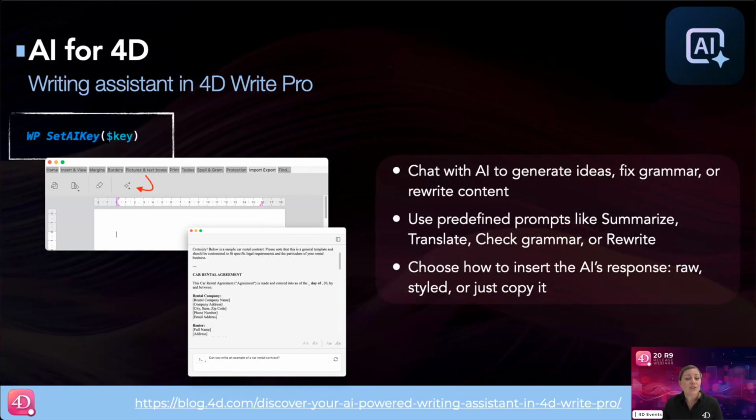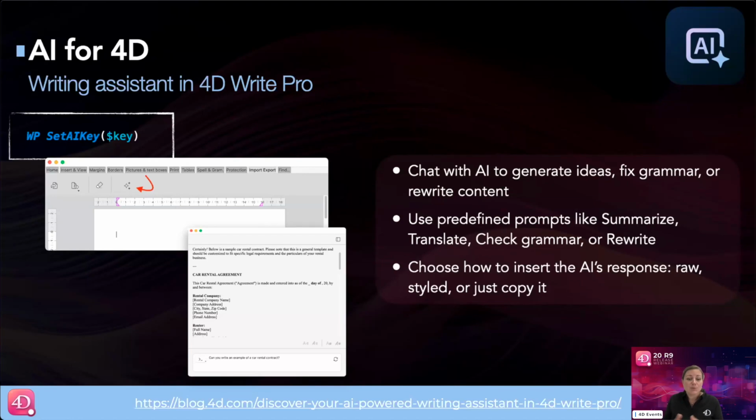But why use it inside 4D instead of switching from 4D to ChatGPT, for example? In fact, everything stays in the same environment, so you don't need to switch between apps anymore. You can interact directly with 4D Write Pro content, with no copy-paste and no format lost.